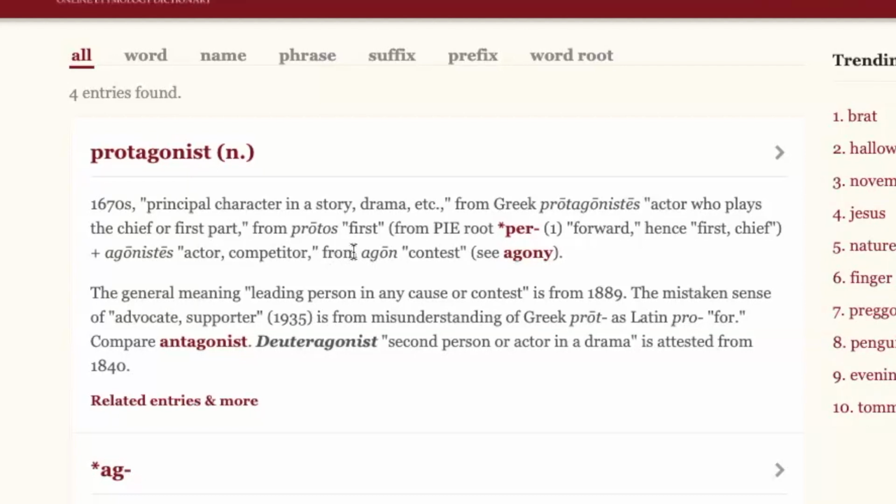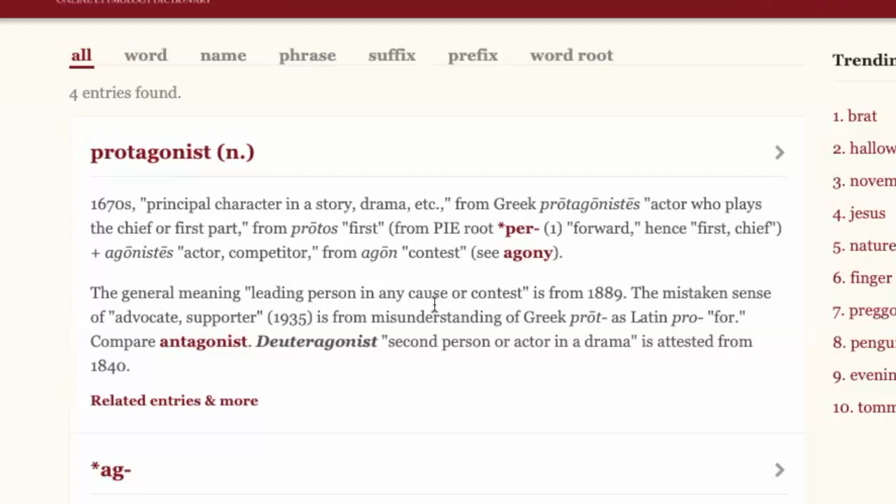And it just so happens that the Greek root, agon, is the base element that we're talking about here in this word. It doesn't always work out that the root or where it comes from is the same. So you're going to see here that Doug Harper, who is the person who's built this website, has linked two different words.